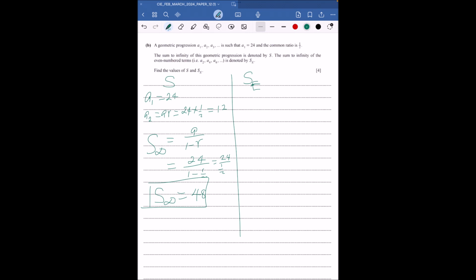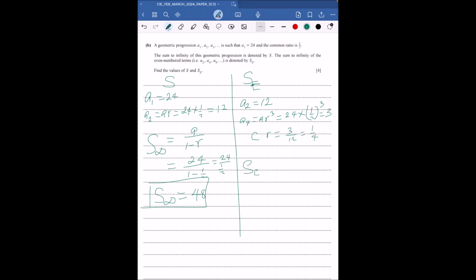Okay, the sum to infinity of the even-numbered terms: A2, A4, A6. We already know A2 is 12. A4 will be AR cubed, which is 24 times 1 over 2 to the power of 3, 24 divided by 8, which is 3. So my common ratio will be 3 over 12, which is 1 over 4.